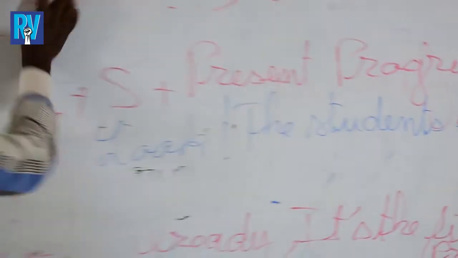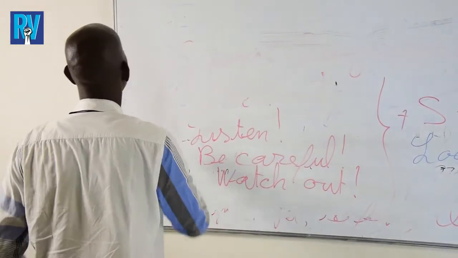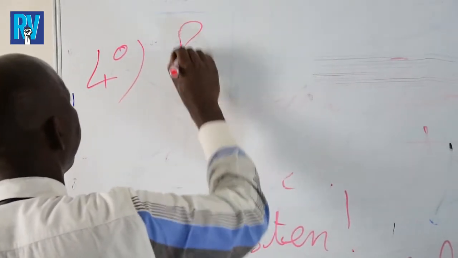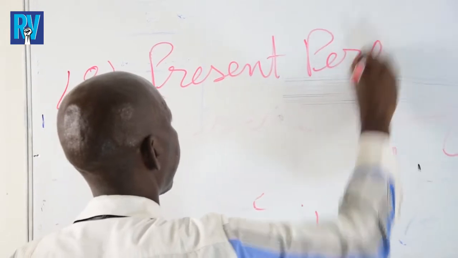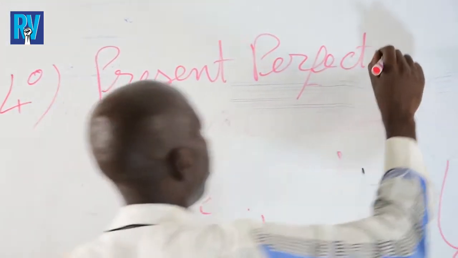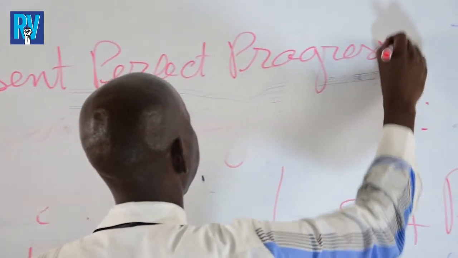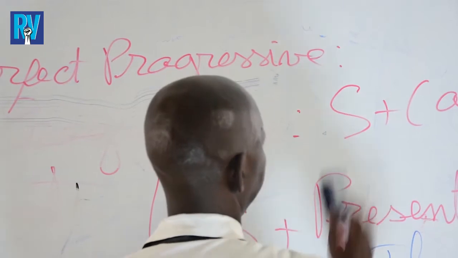Number 4. Let us see the present perfect progressive. Okay, this is how we form the present perfect progressive.